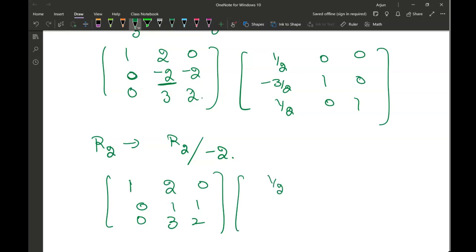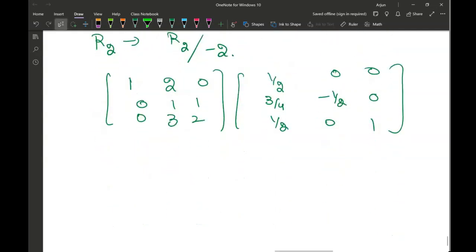Here it will be 1/2 0 0, 3/4 -1/2 0, 1/2 0 1. If you've done up to this point, you got 50% of the marks at least. If you've shown the work and got the calculations wrong, that still gives you quite a bit of marks. I haven't deducted too many marks if you applied the process.